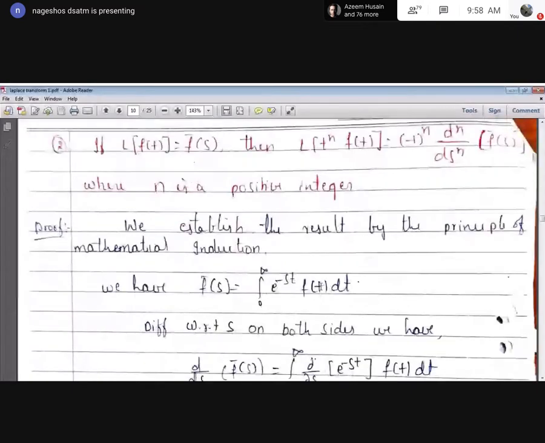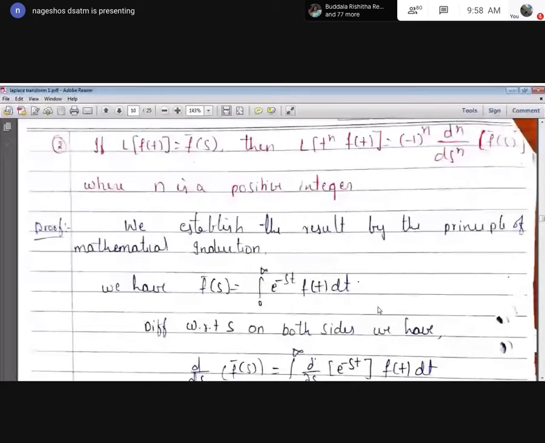Next property: if L of f of t equals f bar of s, then Laplace transform of t power n f of t equals minus 1 power n, d power n by ds power n of f bar of s, where n is a positive integer.